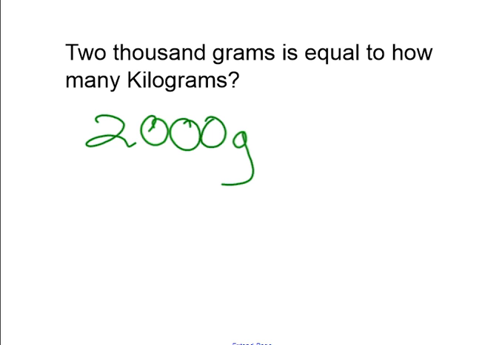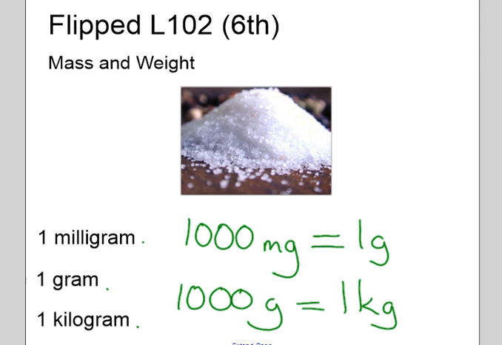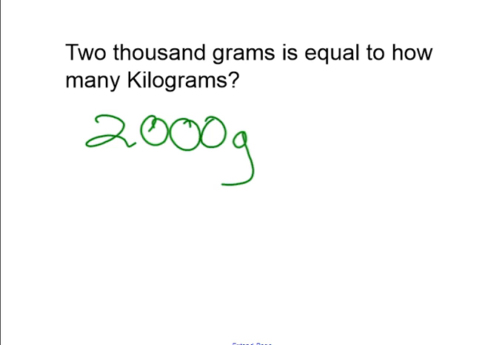We could call this a proportion. We could also call it a ratio to some degree of the relationship. And just as we saw in the last slide, we know that 1,000 grams equals 1 kilogram. So if 1,000 equals 1, that means that 2,000 must equal 2 kilograms. And so being able to solve for that is our first major concept, using those relationships.